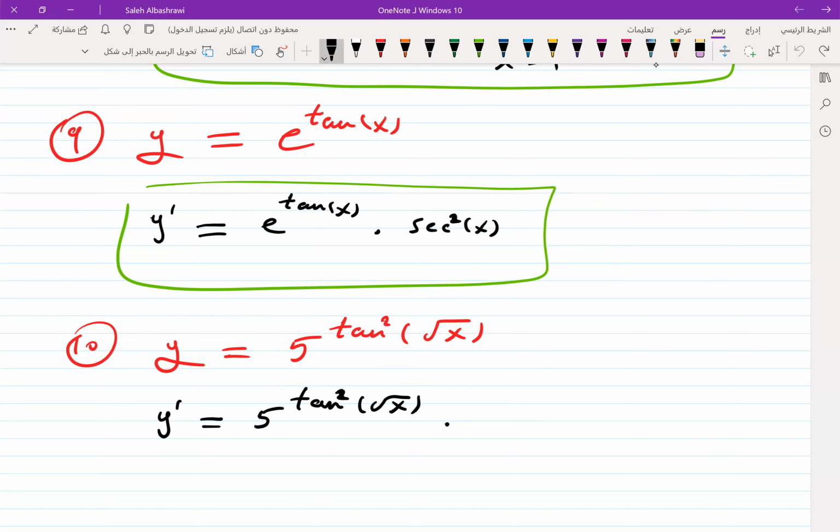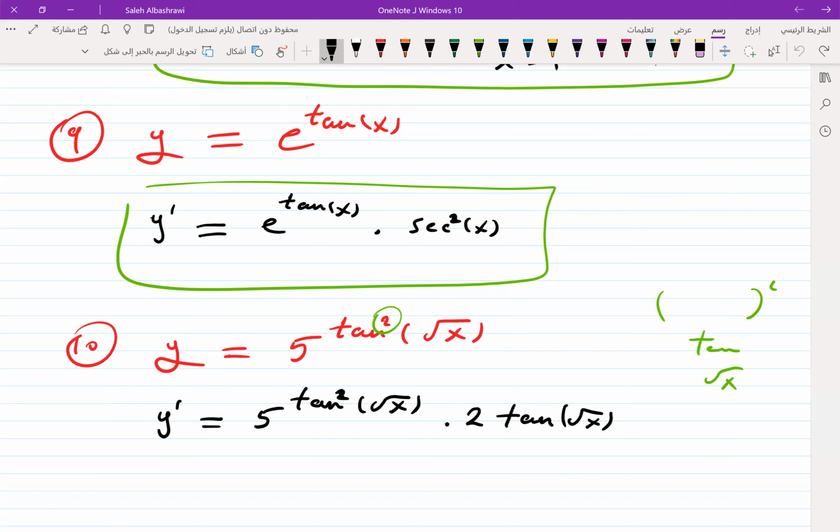And from the chain rule, we differentiate the power first. I have power, I have tangent, I have square root of x. These are the three functions. So in the first step, I will differentiate the power, which is 2 multiplied by tangent square root of x.